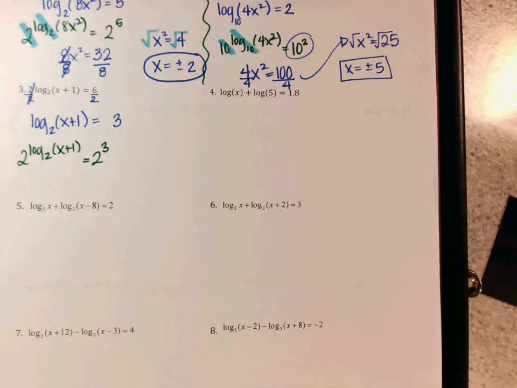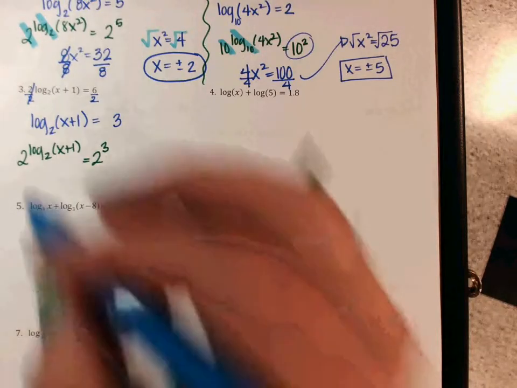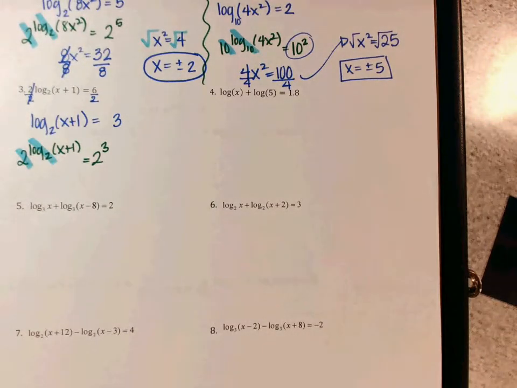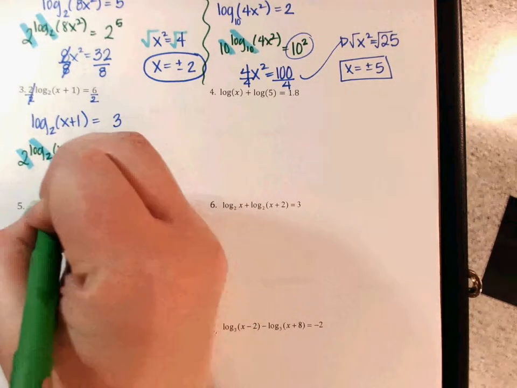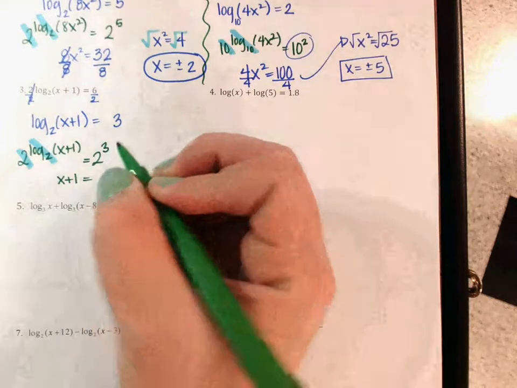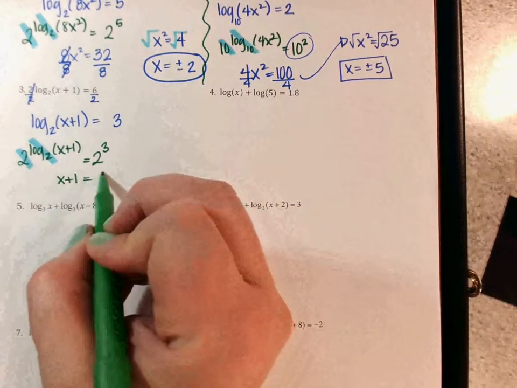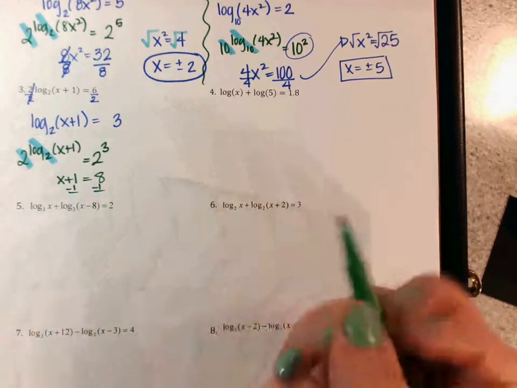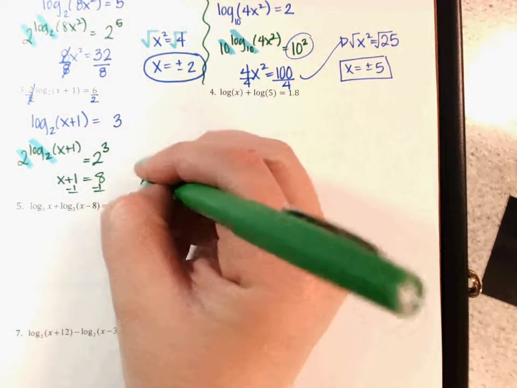And then your 2 and your log 2 cross out, and you have x plus 1 carries down. We remember what 2 to the 3 is? 8. And then to get rid of the plus 1, we minus 1. So x on that one would be 7.